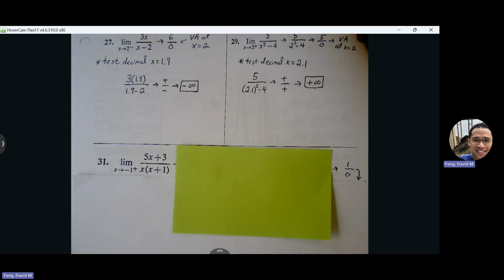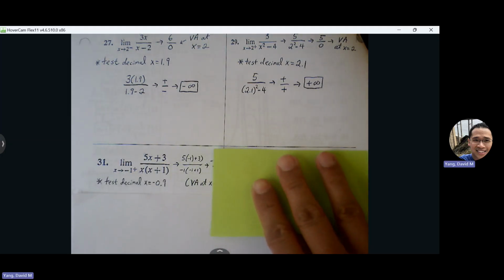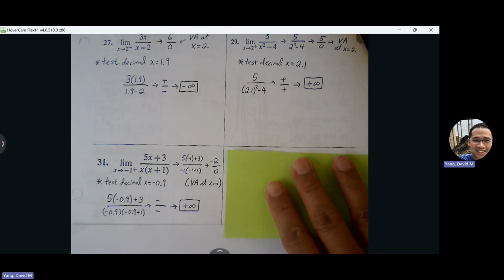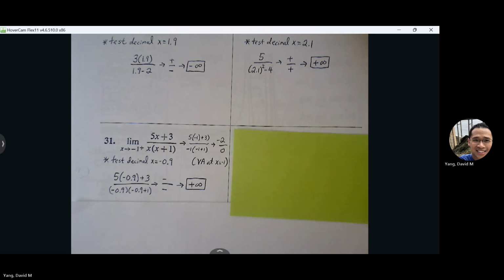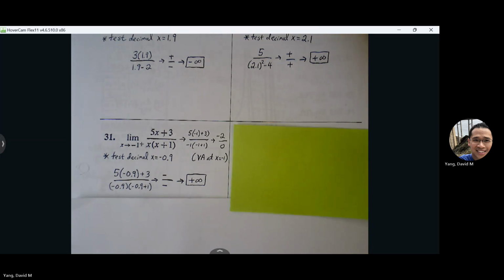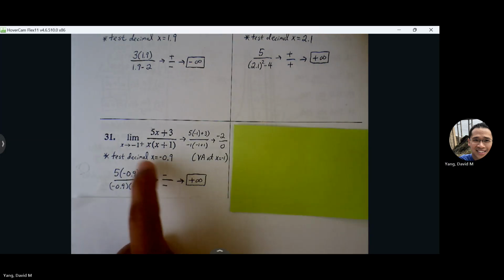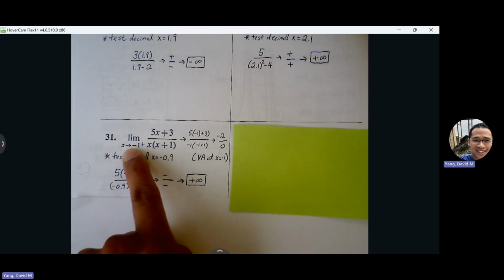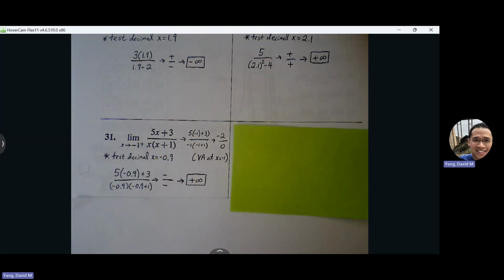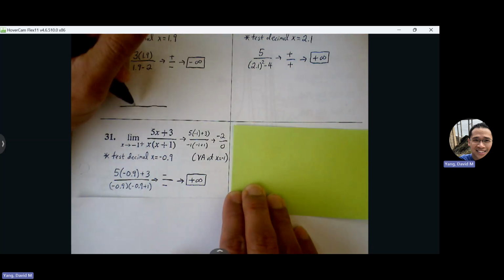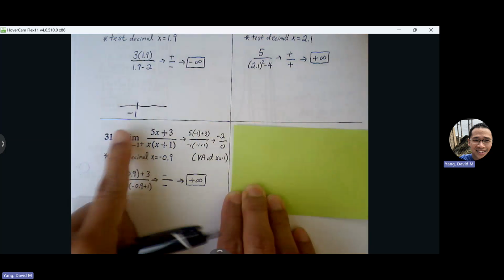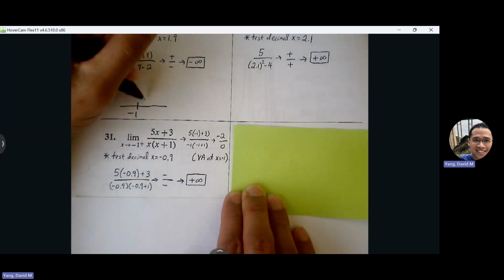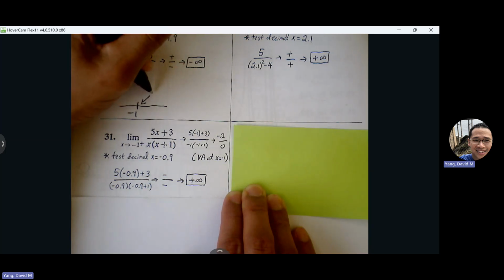Number 31, again, direct substitution gives us indication that there's a vertical asymptote. Now it's the time to involve decimals. When we're approaching a negative number, just recognize that things are a little bit opposite. So in this case, on a number line, if this is -1, then a number slightly to the right of -1 will be -0.9.